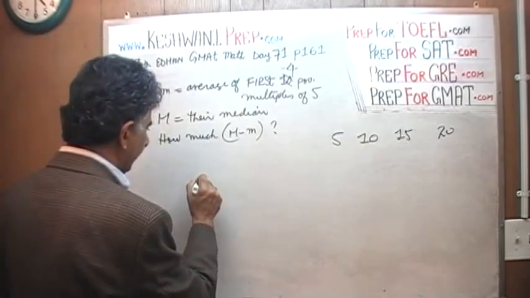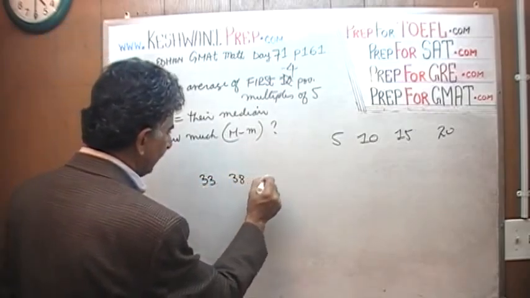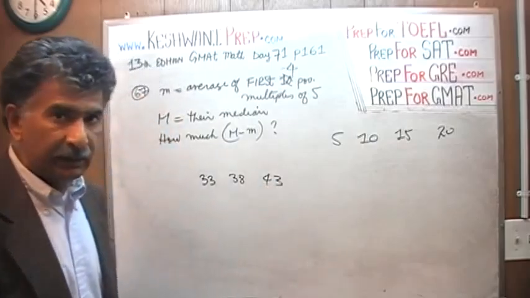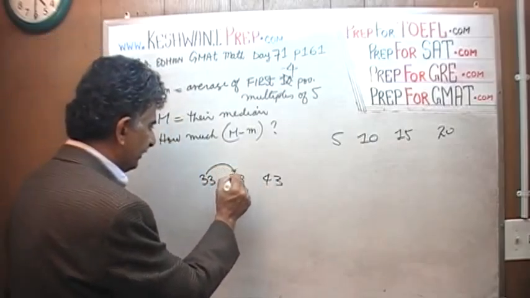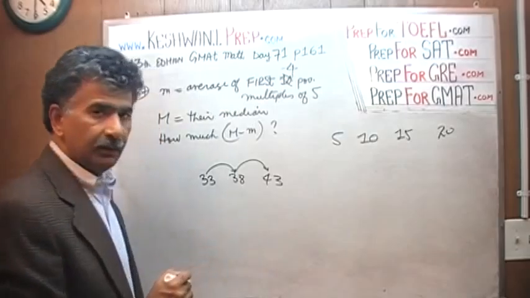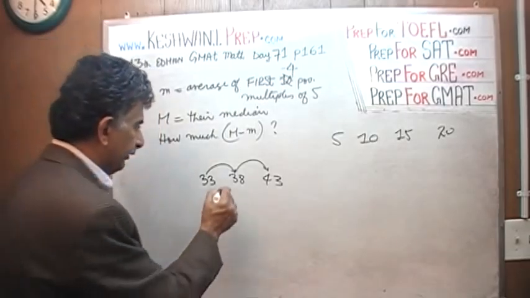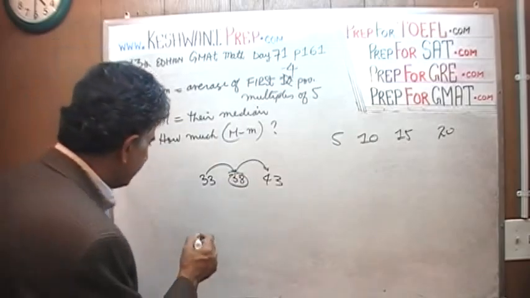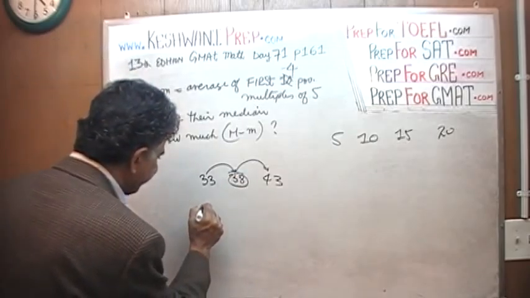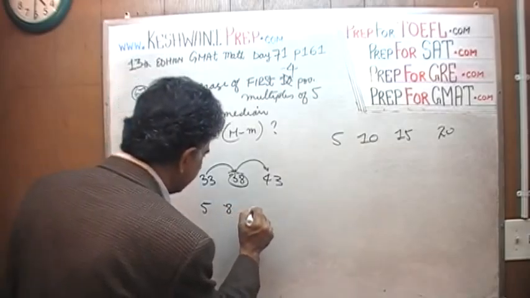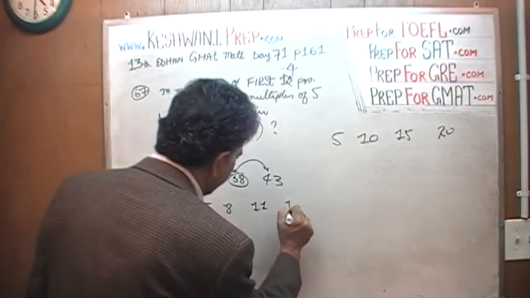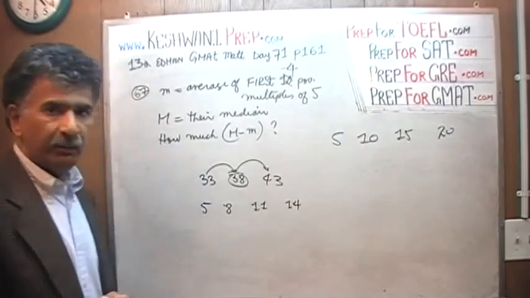let me give you a simple example. The average of 33, 38, and 43: because they are equally spaced, 33 plus 5 is 38, 38 plus 5 is 43, if somebody asks you what's the average of these 3 numbers, well, the average is the middle one. Now the average of 5, 8, 11, and 14, what's the average of these 4 numbers?